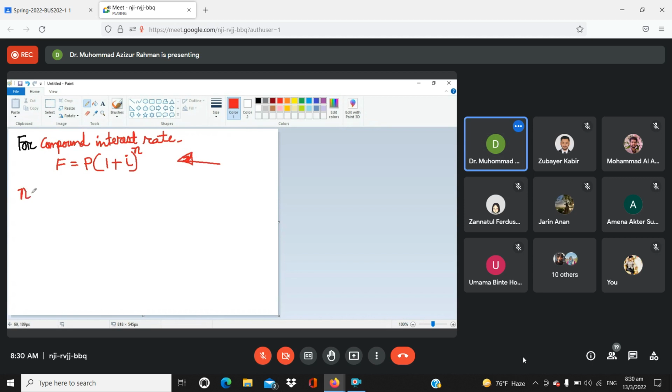n equals number of years multiplied by number of conversions per year.